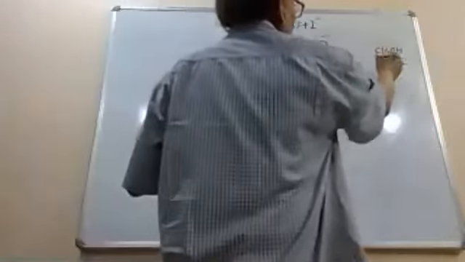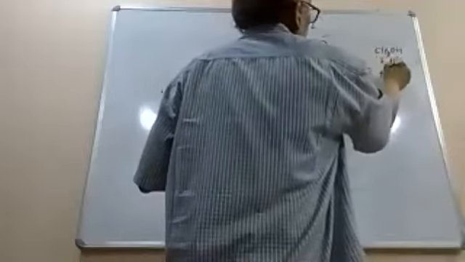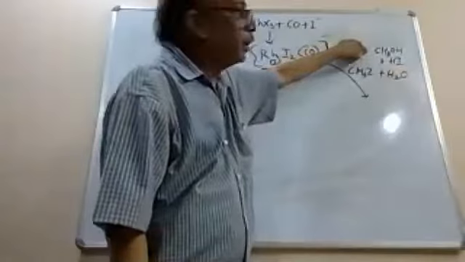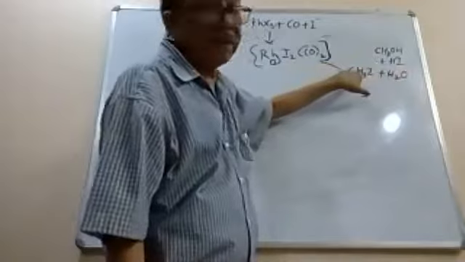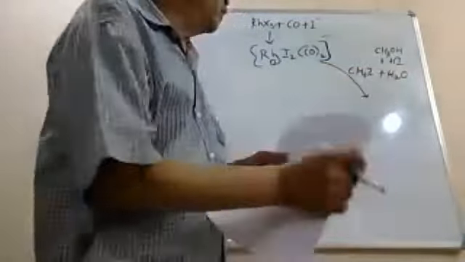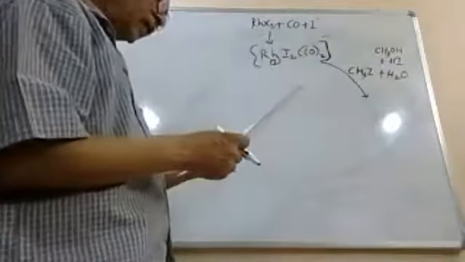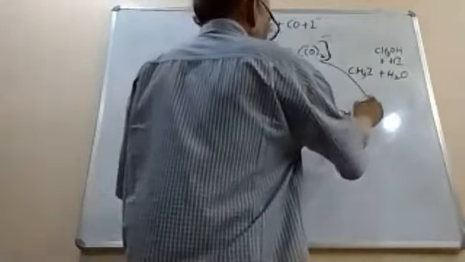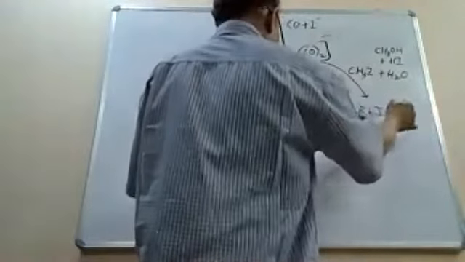What happens here is we make CH3I plus water. Methanol, watch this carefully, reacts with the hydroiodic acid, which is a strong acid, to form methyl iodide and water. Okay, good. So this methyl iodide now reacts with this complex to give you CH3-Rh I3 (CO)2 minus.